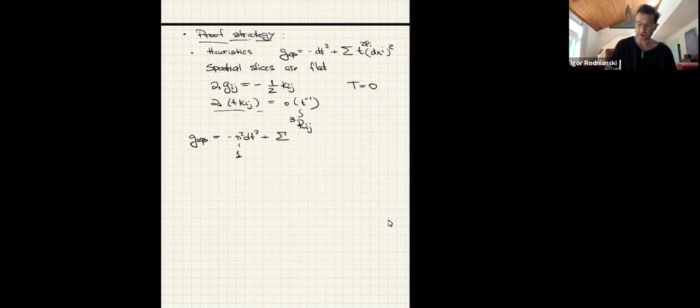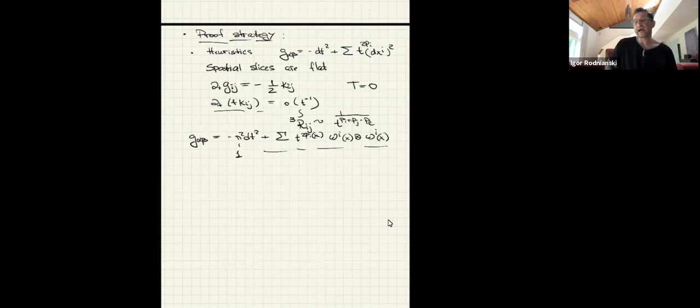Then for the spatial geometry, you simply postulate that it's of the form of generalized Kasner, where let's say it's diagonal, and you have the Kasner exponents, which depend on x. If you postulate that and compute the Ricci curvature of your three-dimensional slices, you will see that in this case it's going to be proportional to 1 over t to the power of pi plus pj minus pl, for some l.